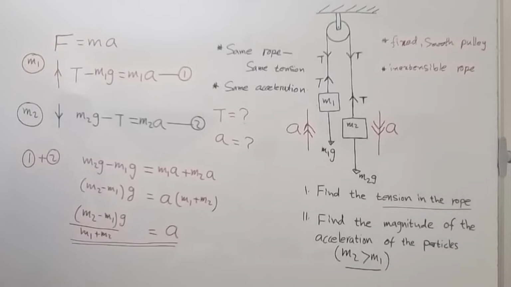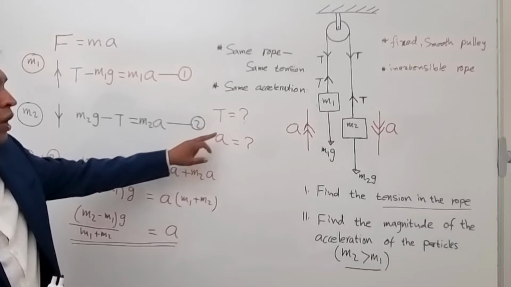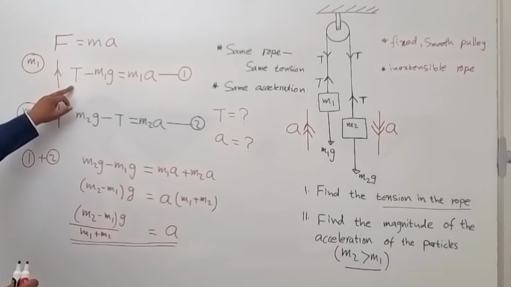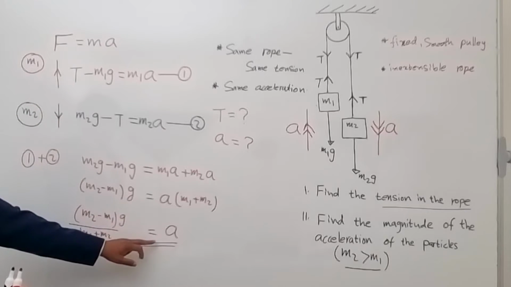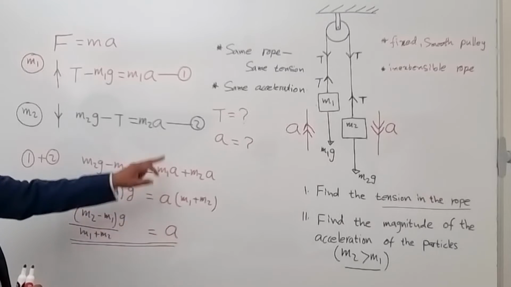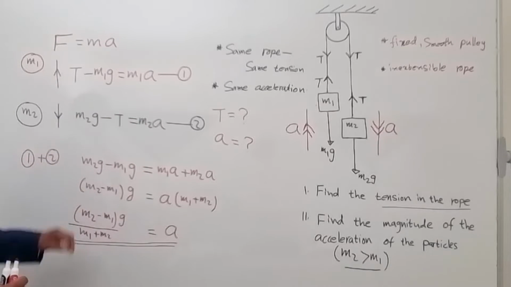Now we have to find T, the tension. You can use either equation to find T. As we know A, you can substitute A into either one to find T. So you can pick the easiest one.